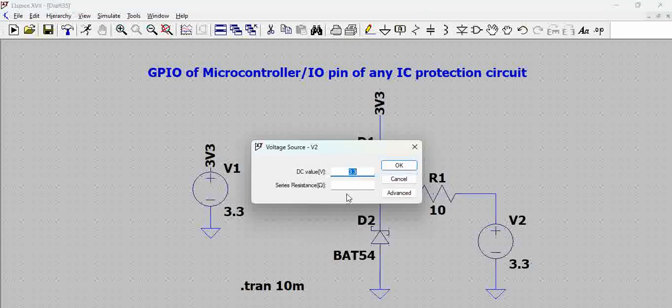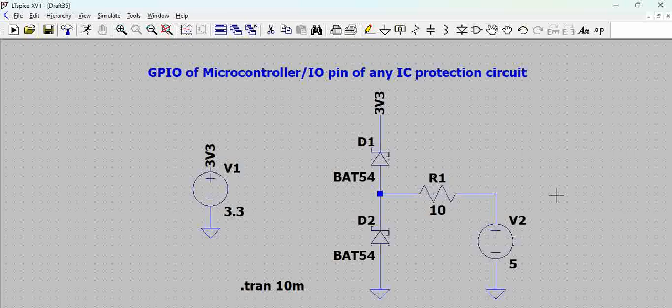Now let us assume you give 5 volts here. There are other scenarios, but we are covering fixed voltages. When you give 5 volts here, you apply it to the anode, and you see that the anode has a higher voltage. That means this particular diode turns on, right?